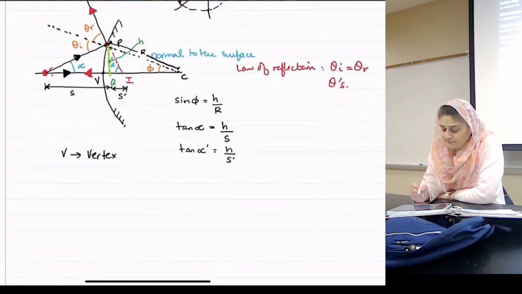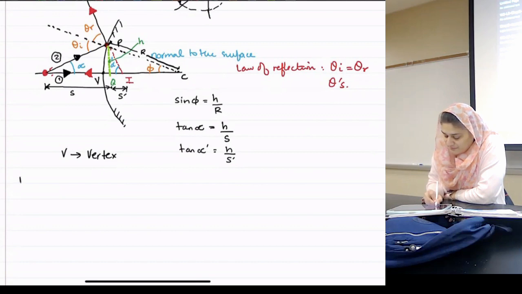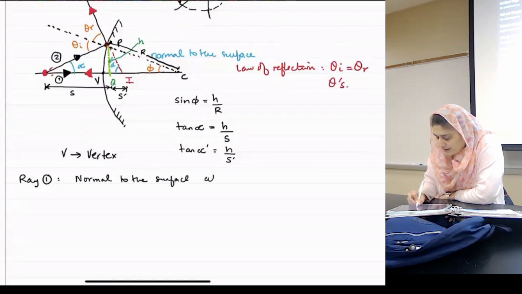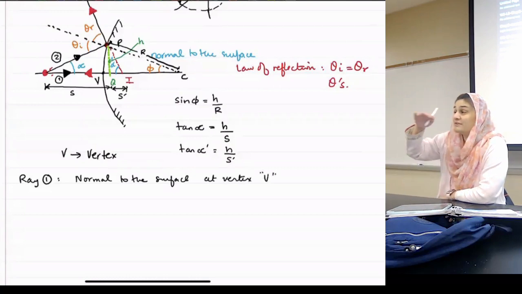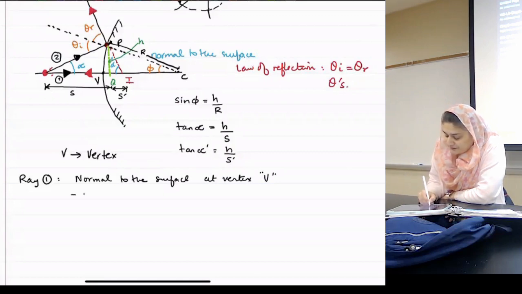We know that our ray, if I call this ray 1 and this ray 2, can I say this about my ray 1? That this is normal to the surface at the vertex, which is the central point on the surface with the optical axis, and it reflects back onto itself.